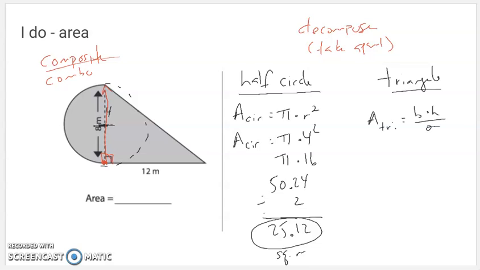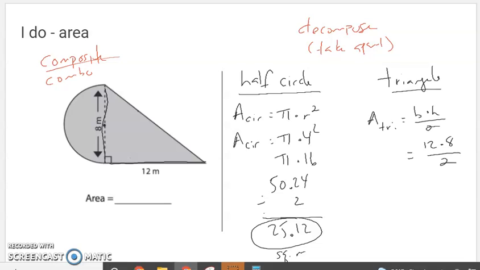So actually that side is a height for this triangle. I'll do some erasing here because some of my circle stuff's kind of in the way. So this one's pretty straightforward to calculate. Here's the base, 12. Here's the height, 8.